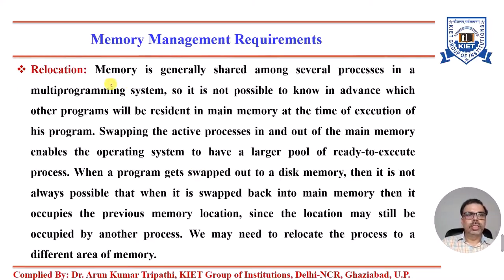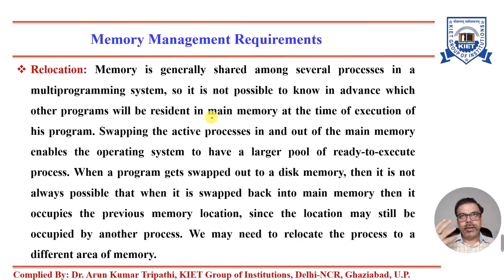Firstly, relocation. Memory is generally shared among several processes in a multi-programming system. So it is not possible to know in advance which other programs will reside in the main memory at the time of execution of this program.